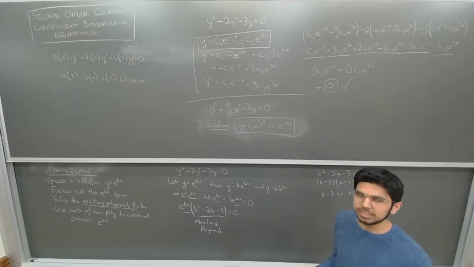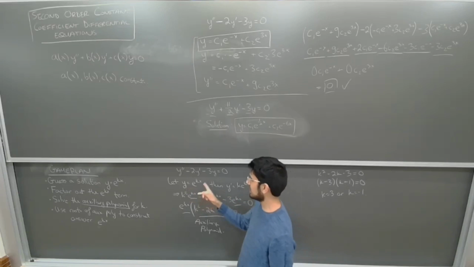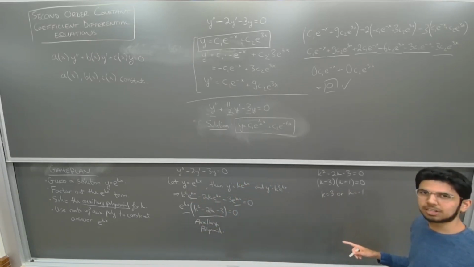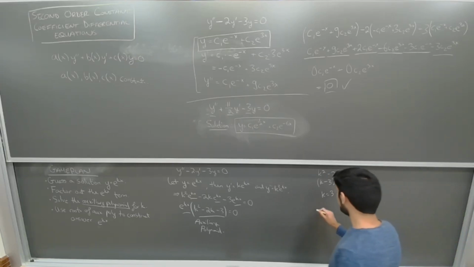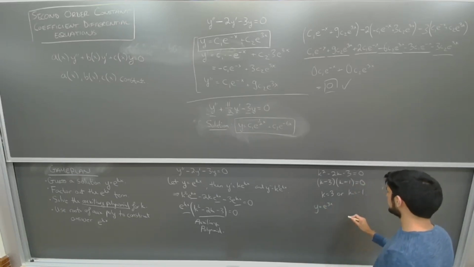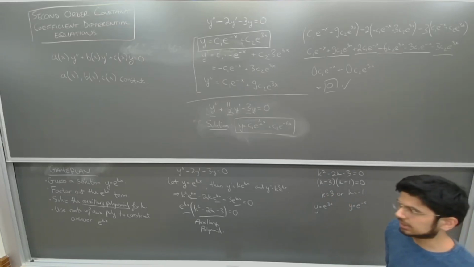Now remember, we said that our solution is going to be y equals e to the kx. And now we've found our values of k. So that means y equals e to the 3x is a solution to the differential equation, and y equals e to the negative x is also a solution to this differential equation.